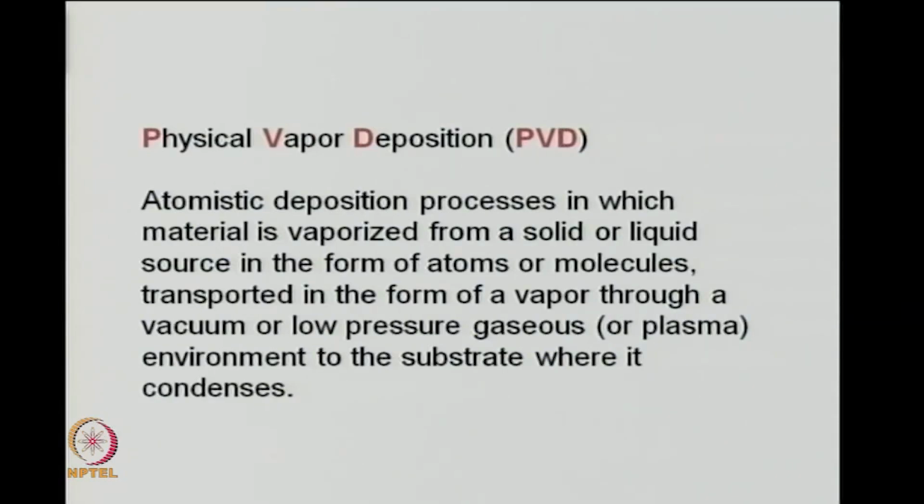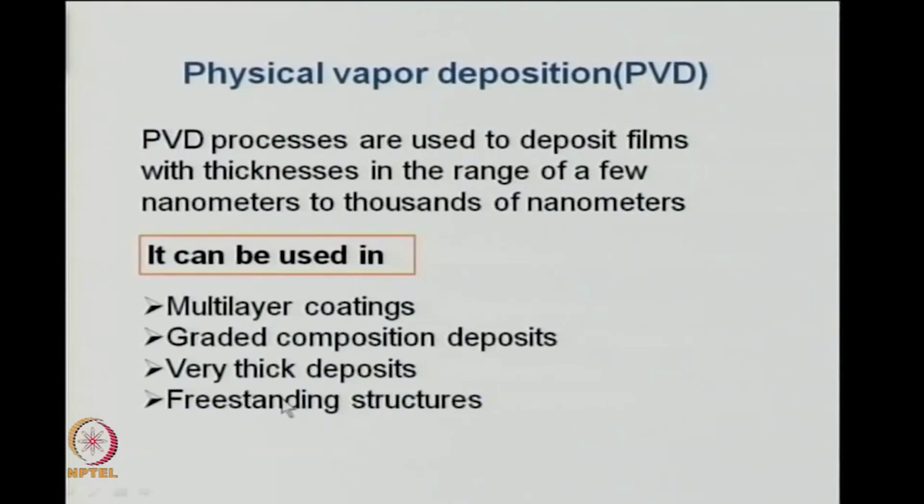So, here atoms and molecules are being transported through a system. It is a chamber at low pressure, or what we call vacuum, with some amount of gas or plasma, and it flows towards the substrate. The molecules travel towards the substrate, where they condense and form a film. PVD processes are used to deposit films with thicknesses in the range of a few nanometers to thousands of nanometers.